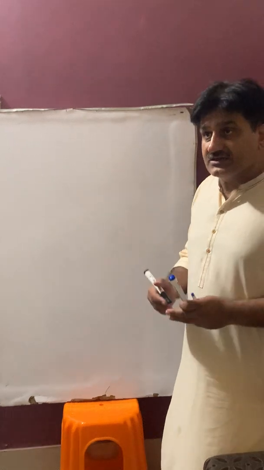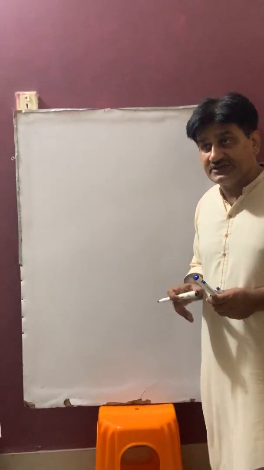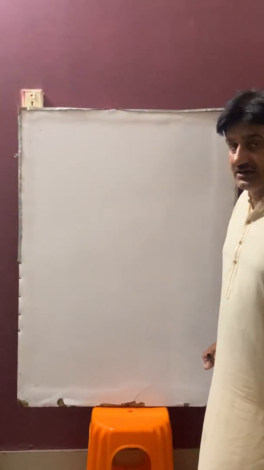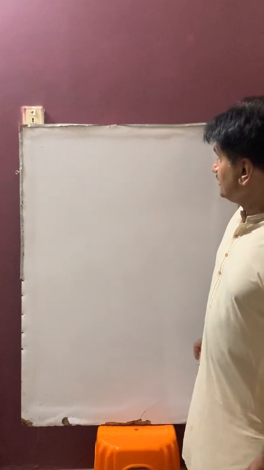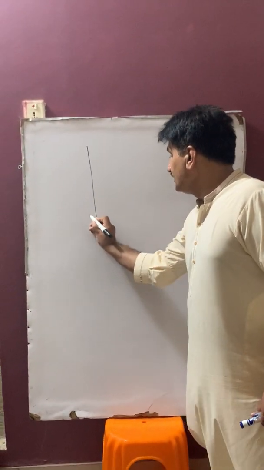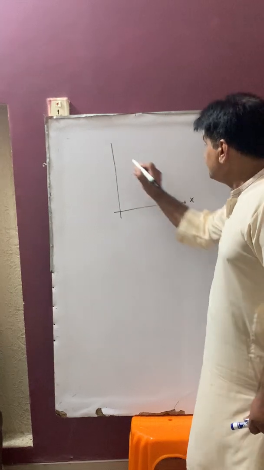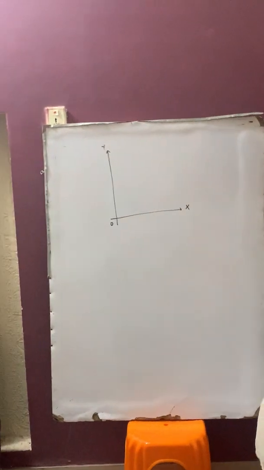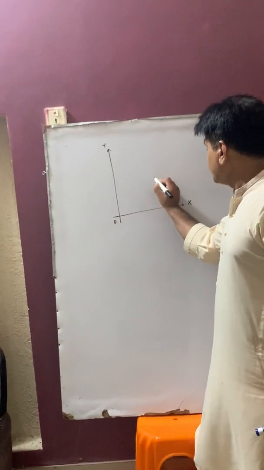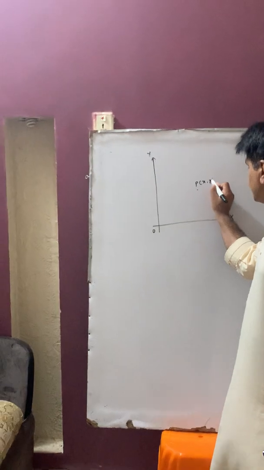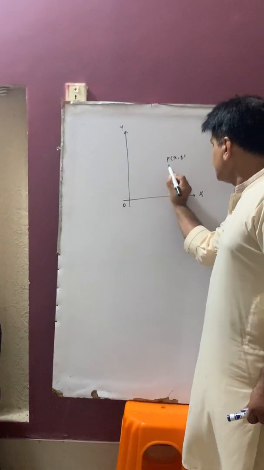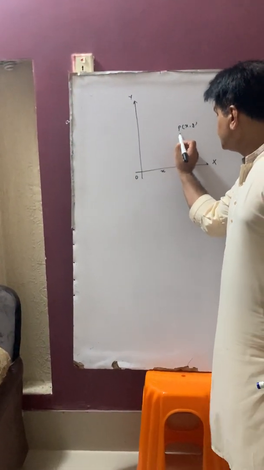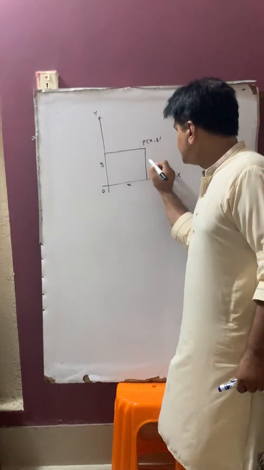So the rotation of system of coordinates, what it is and how it happens, now I will explain it in a 2-dimensional system, then we will extend it up to n dimension. So let's suppose we have a 2-dimensional system with x and y coordinate axes and there is a point P having coordinates x and y, which means that it is x units from the x axis and y units from the y axis.